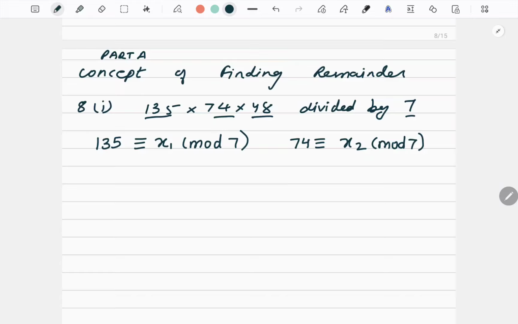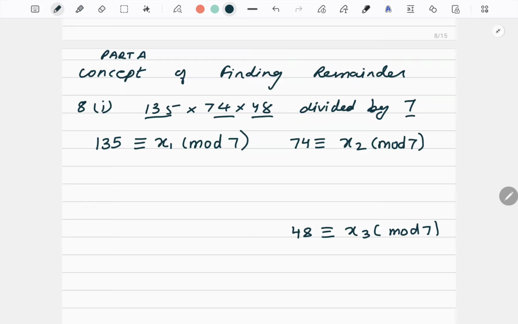One more is there, 48 congruent x3 mod 7. So what I did, see, they told me to find the remainder when 135 into 74 into 48 is divided by 7. I split it into 3 parts.